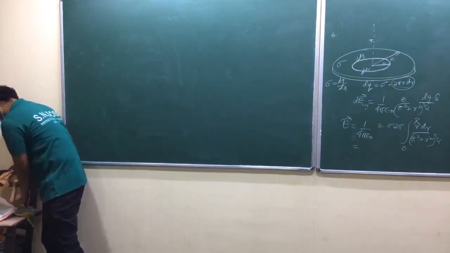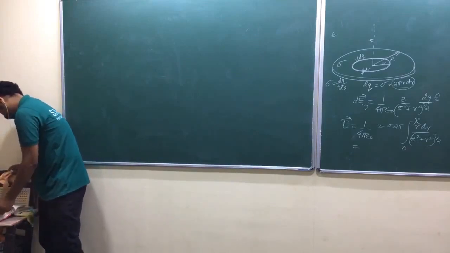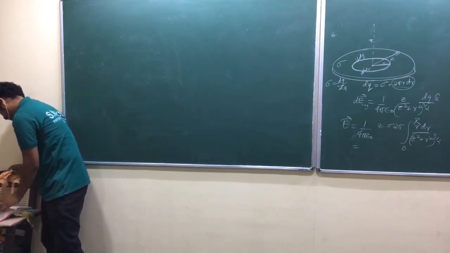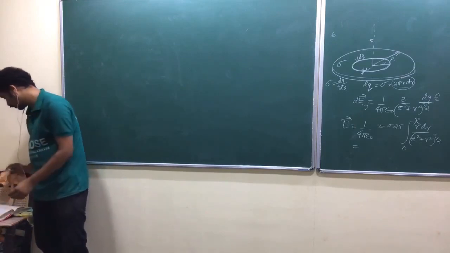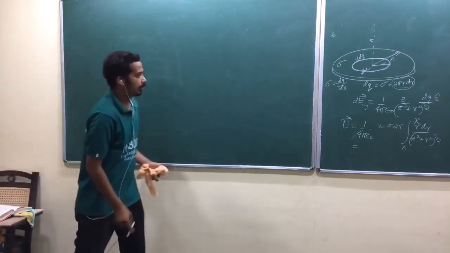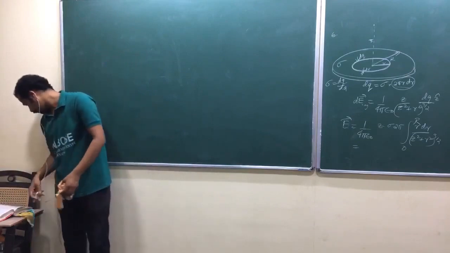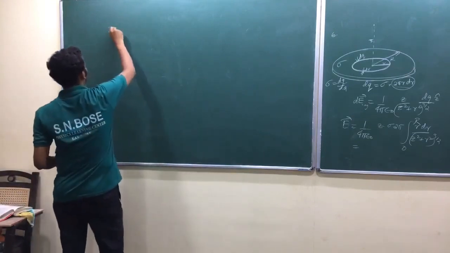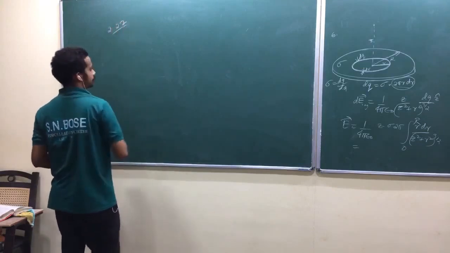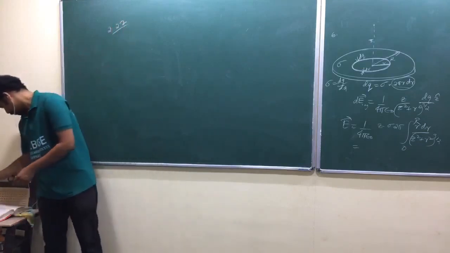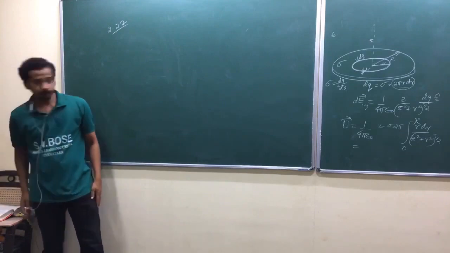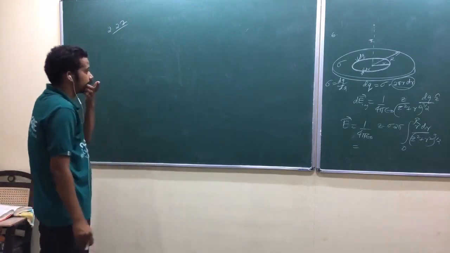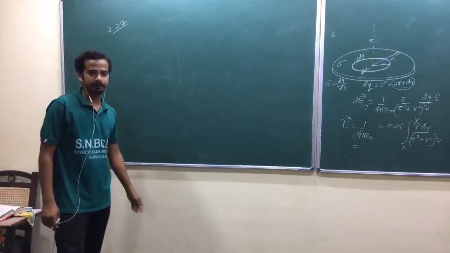Now next I will go to, again the problem is a little lengthy, that conical problem. Before going to that cone problem, we better go for 2.27, am I right? So before going to 2.27, I'll start with a ring again.